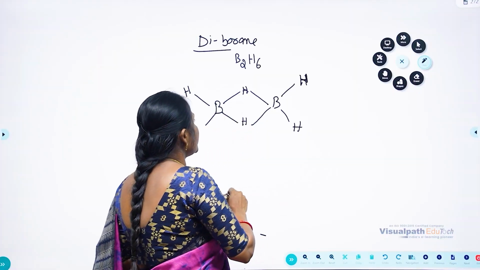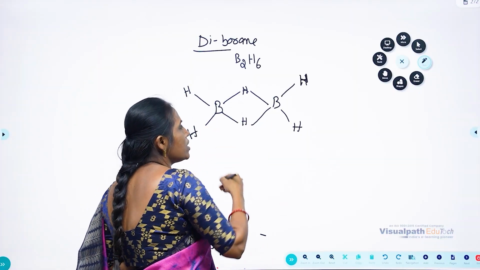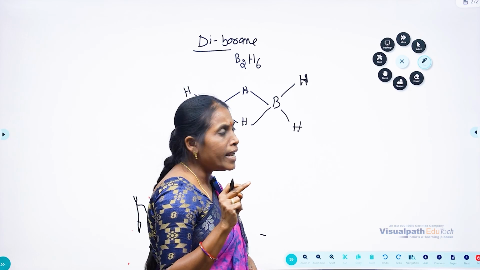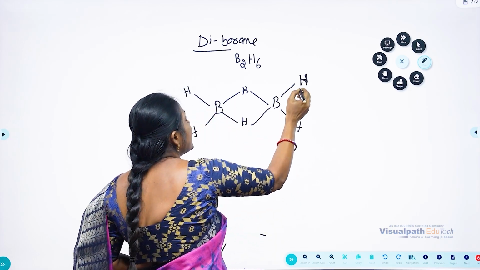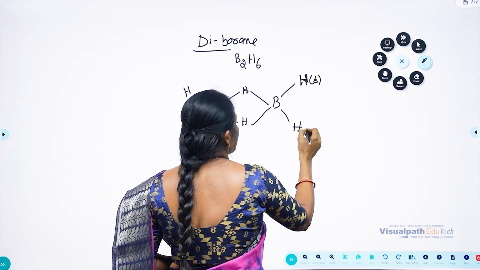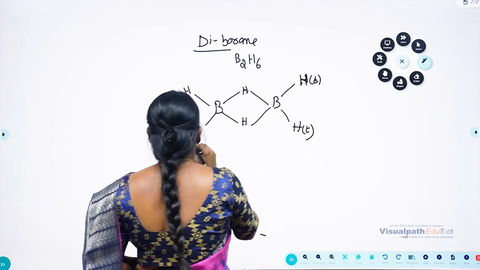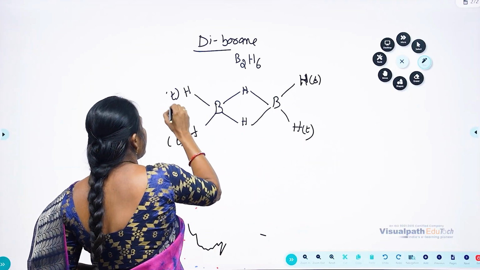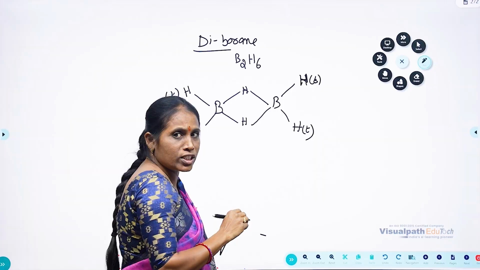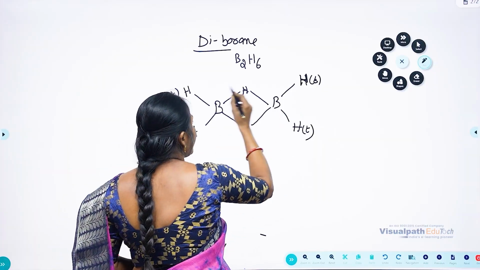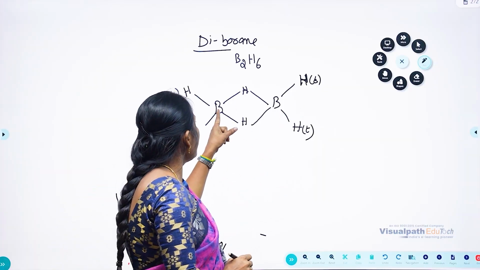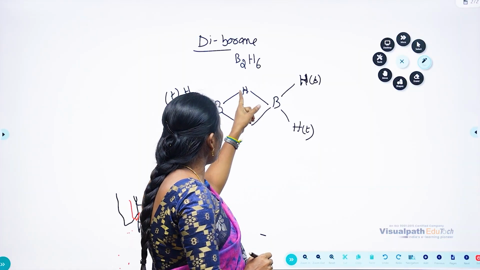In this structure, there are 2 borons, with 4 terminal hydrogens. Terminal means end. There are 4 terminal hydrogens, and there are 2 BHB bonds.